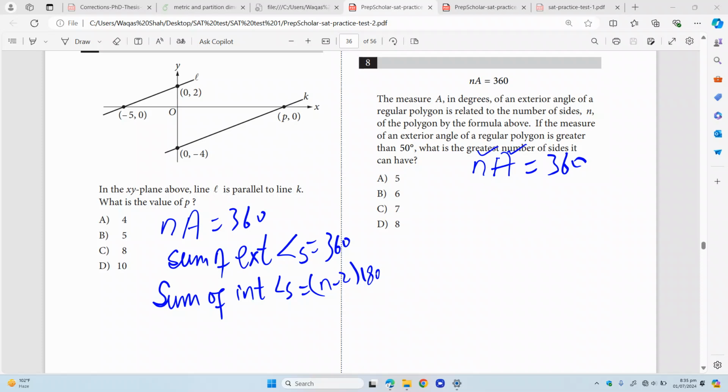So it means that a is equal to 360 divided by n, and the value of a is greater than 50, so it's strictly greater than 50, okay. So we just have to solve this inequality.